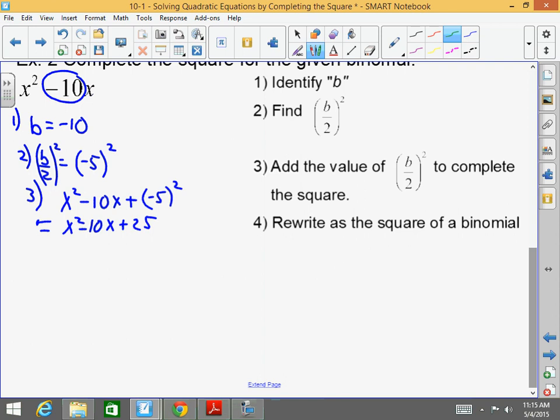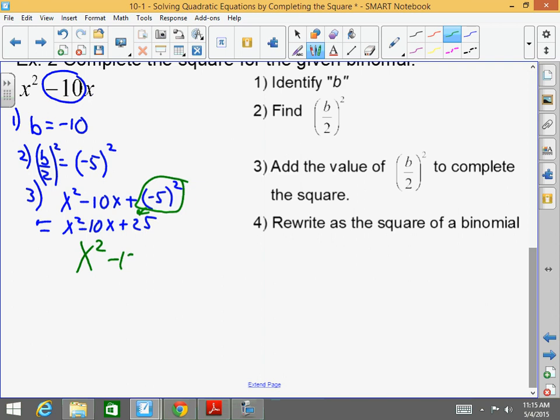Now here's where it gets a little complicated for people that don't know their perfect squares. When I see this, I remember that this is a minus 2b plus b squared. However, a lot of people don't remember how to factor. So instead of going from this negative 5 squared to 25, I came up with a nice little trick.